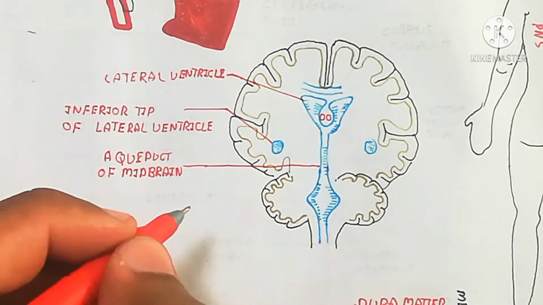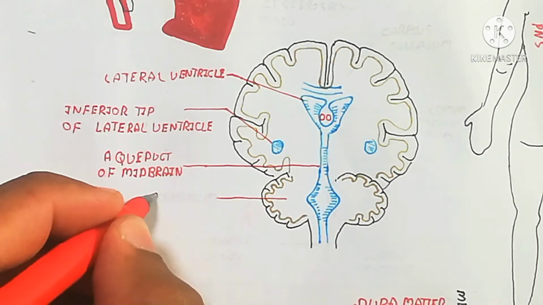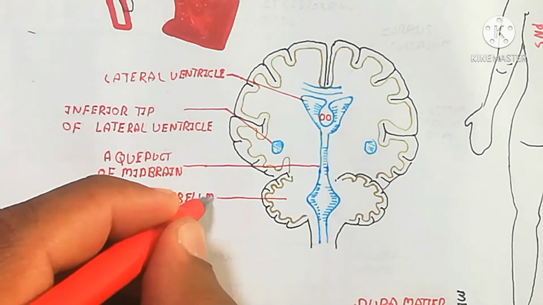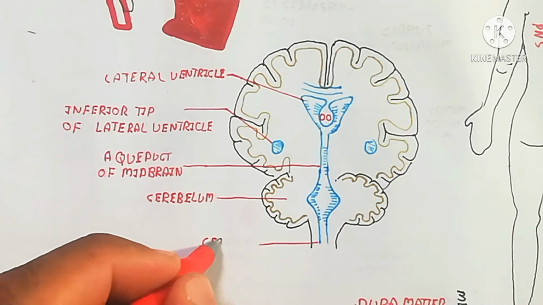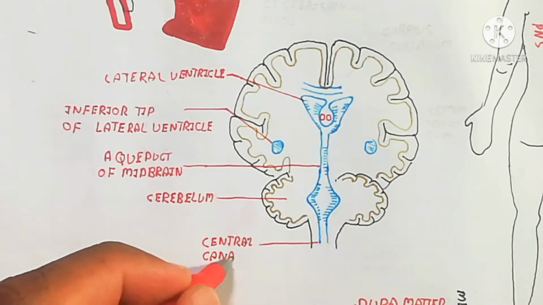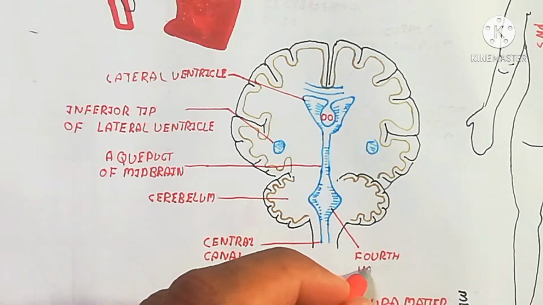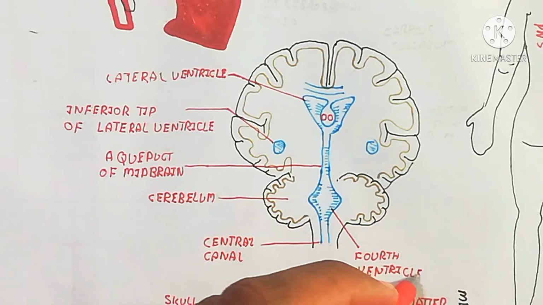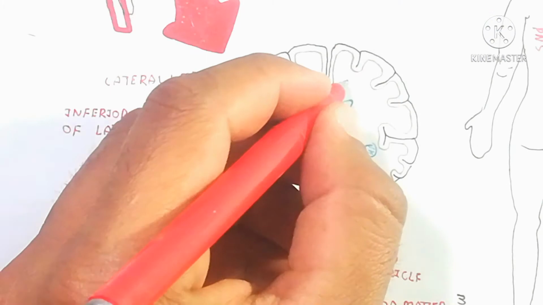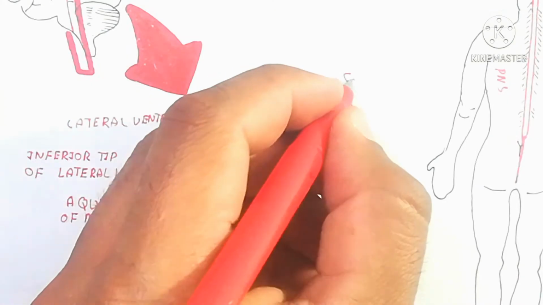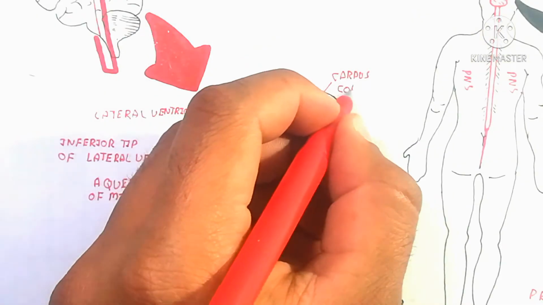So here is the aqueduct of the midbrain. The cerebral aqueduct is going downward, and that is the central canal, which ultimately goes into the neural canal. Here the fourth ventricle is shown in the figure.